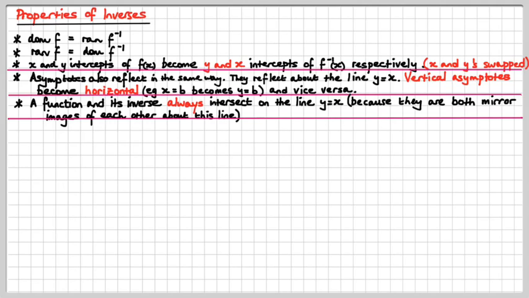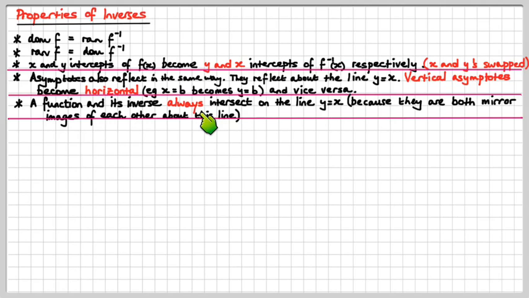Now, there are some very rare cases where they will intersect elsewhere apart from the line y equals x, but I don't think you really need to worry about those too much. But suffice it to say that if they are going to hit the line y equals x, then that's where they're going to intersect on that line.